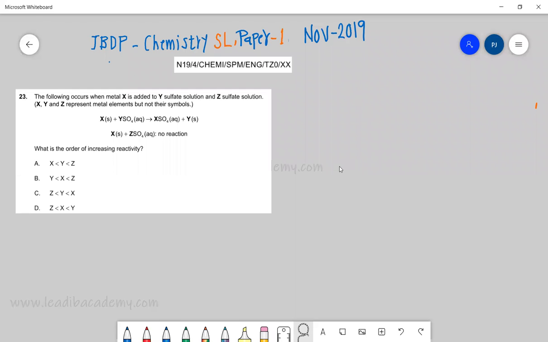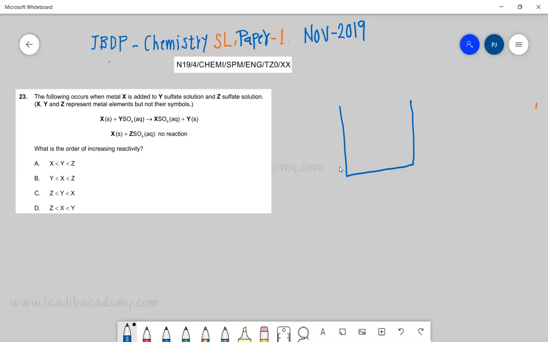Okay. Question number 23 appears to be interesting. The following occurs when metal X is added to Y sulfate solution and Z sulfate solution. X, Y, and Z represent metal elements, not their symbols, and they have given us the reaction. So let's understand what the question is.